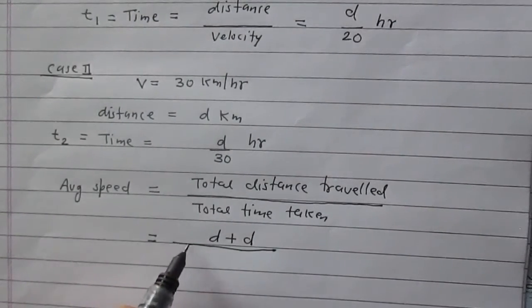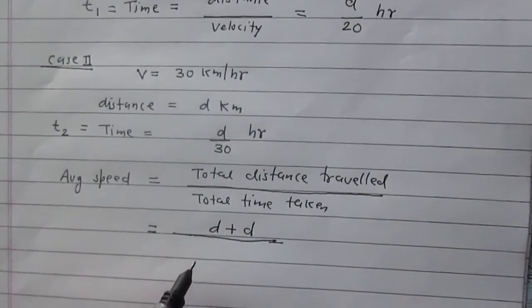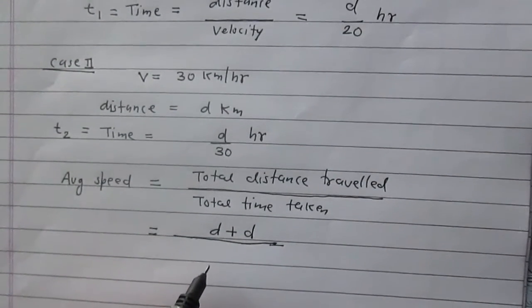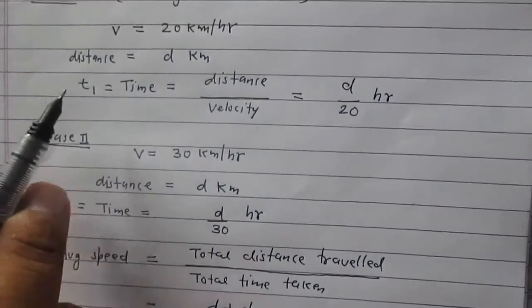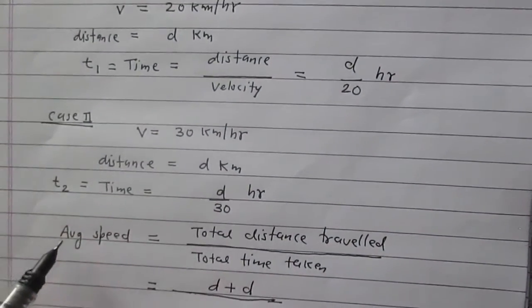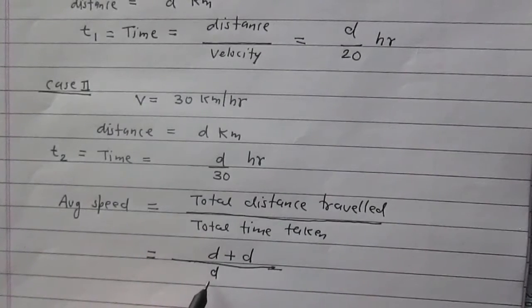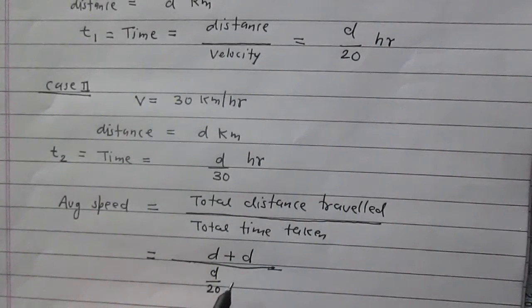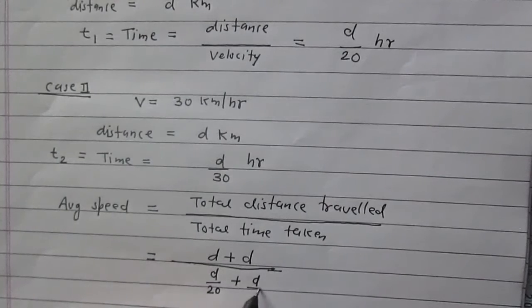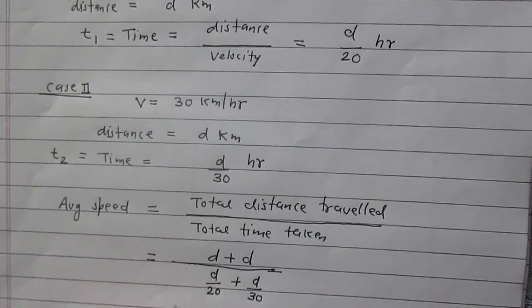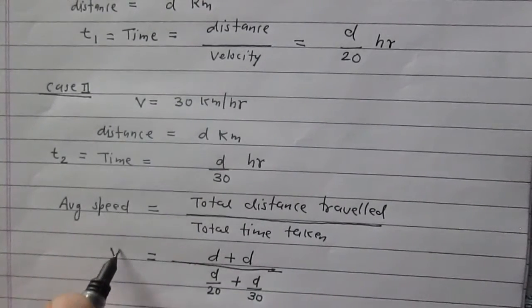Total time taken is simply t1 plus t2. t1 is D upon 20 and t2 is D upon 30. So this is the average speed.